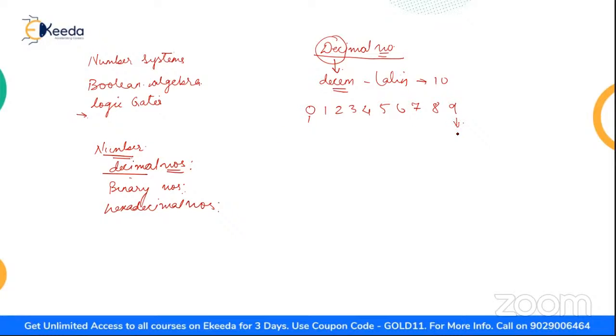So the place values are units, tens, hundreds, thousand, 10,000, and 1 lakh.